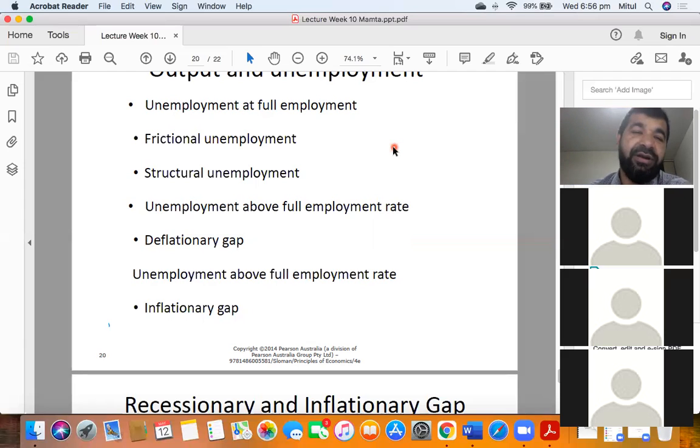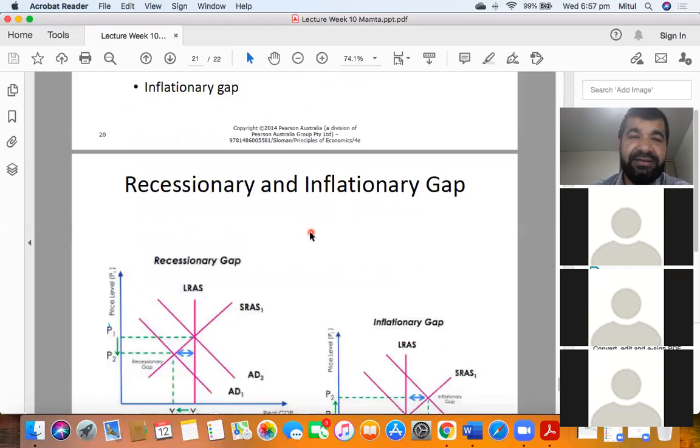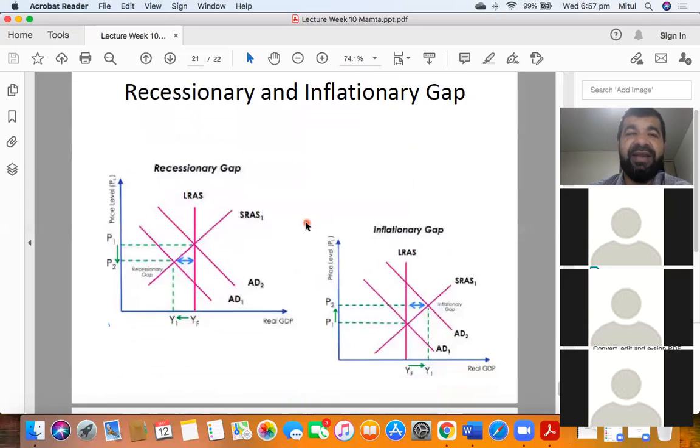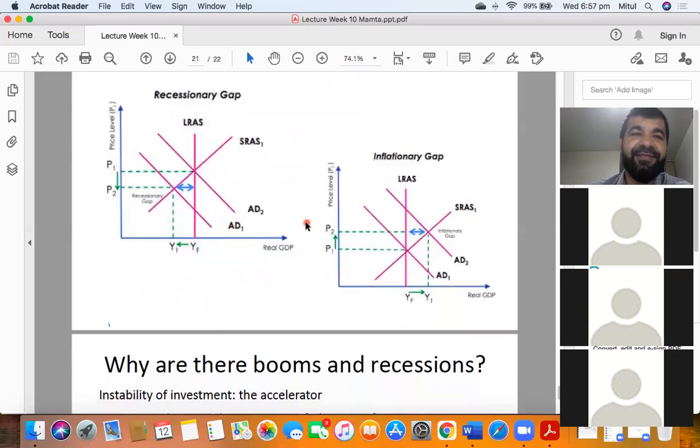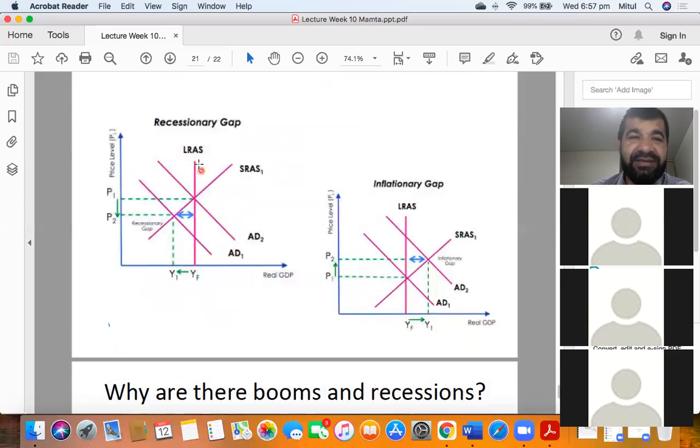Okay. Now we'll talk about unemployment above the full employment rate. Let's check the recessionary and inflationary gap. You can see this one, long run aggregate supply, not average, aggregate supply.